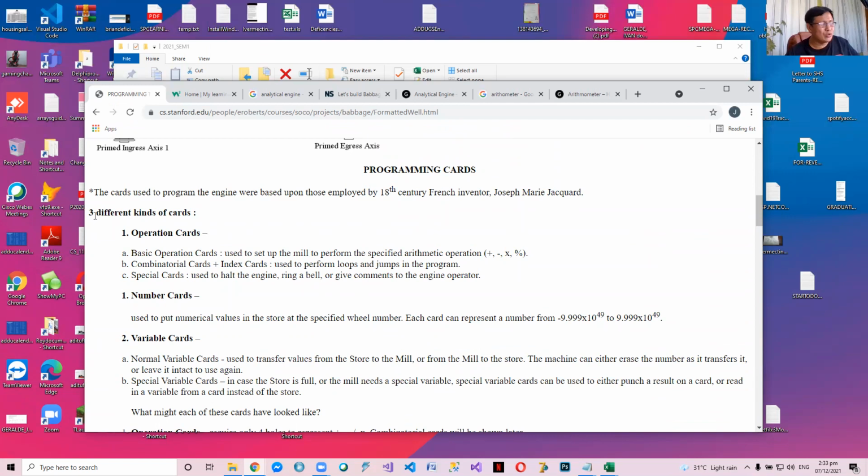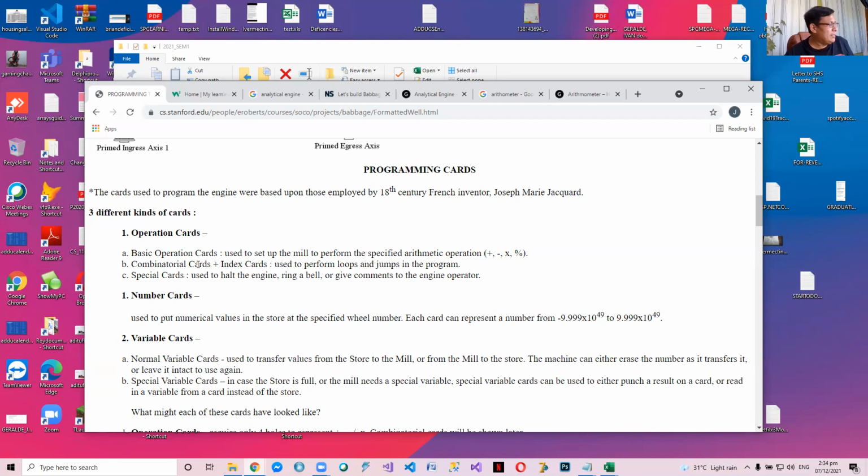So all the commands are stored in cards, in a Jacquard loom. Any questions? We still have 30 minutes. So the operation cards can store different operations like plus, minus, times, and modulo. Do you follow? Okay.